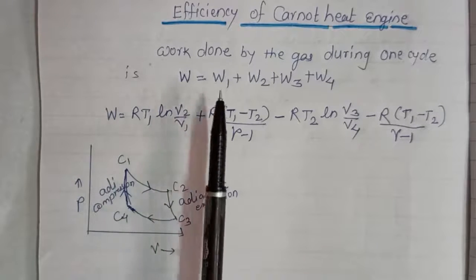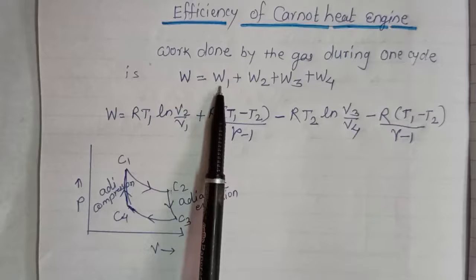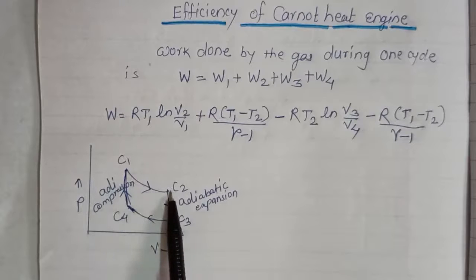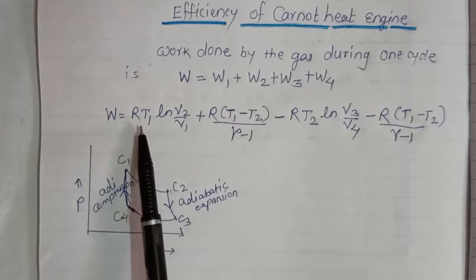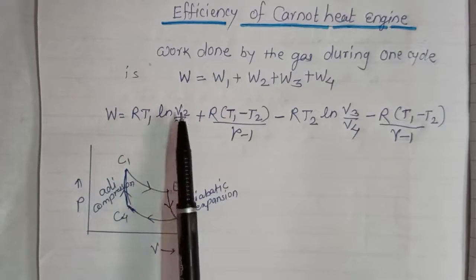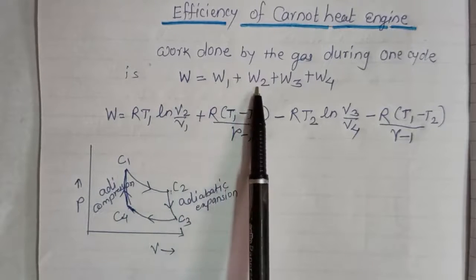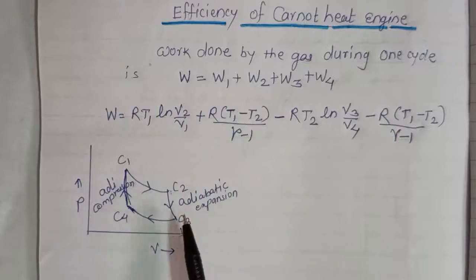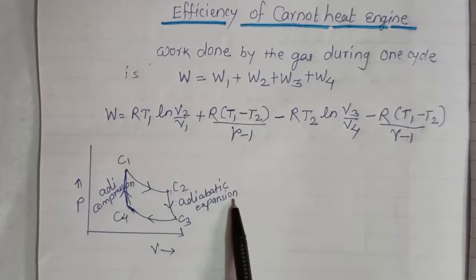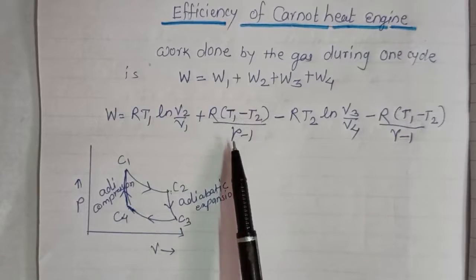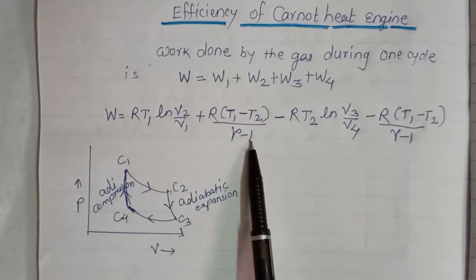Work done W1, the work done during isothermal expansion along curve C1 C2, is equal to RT1 log of V2 upon V1. W2 is the work done during adiabatic expansion, equal to R(T1 minus T2) divided by gamma minus 1.